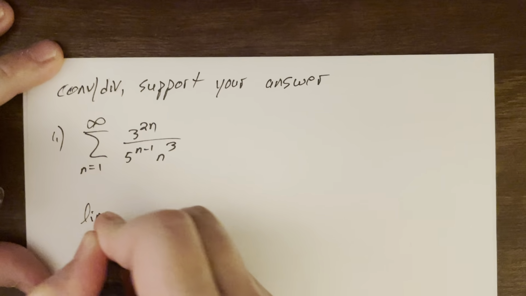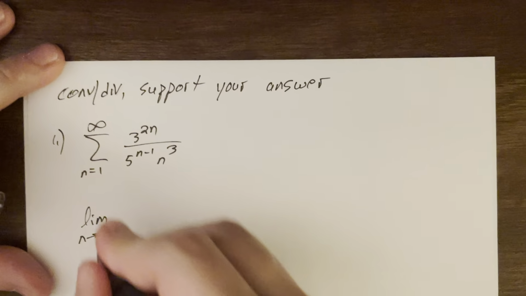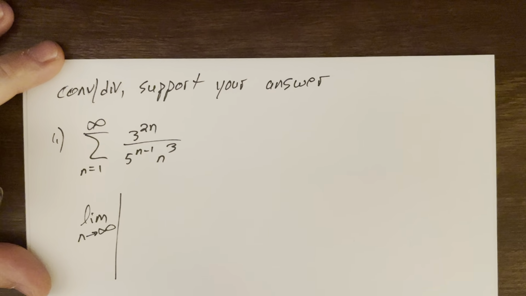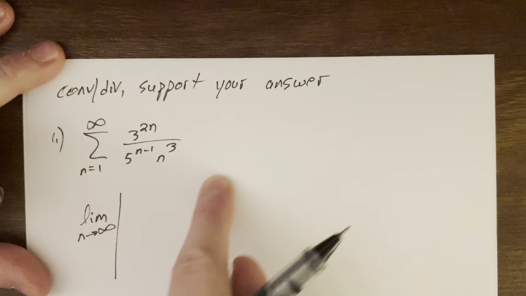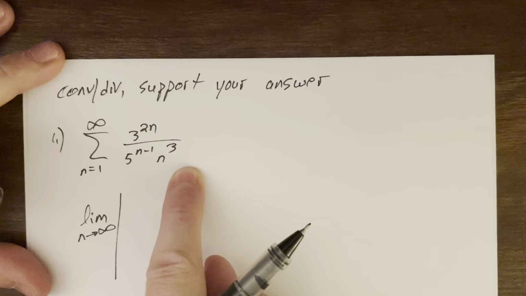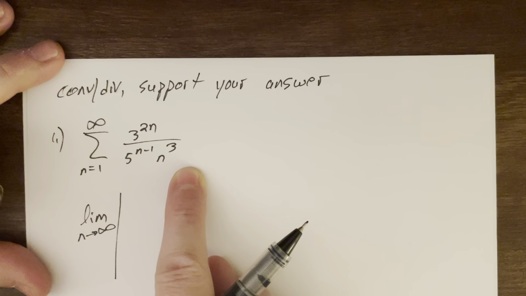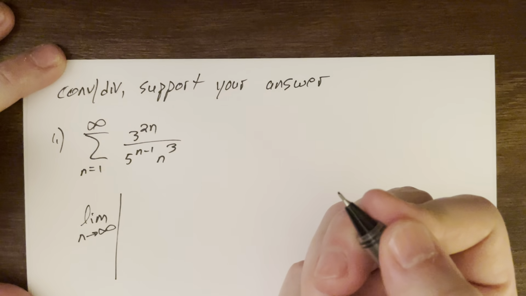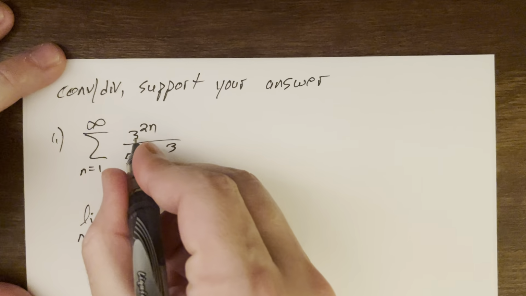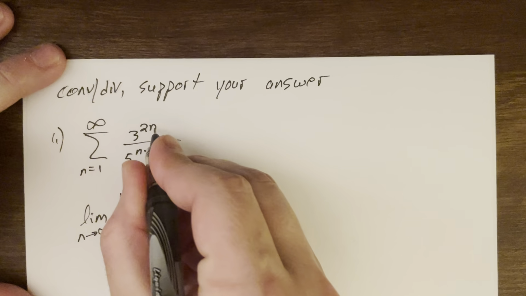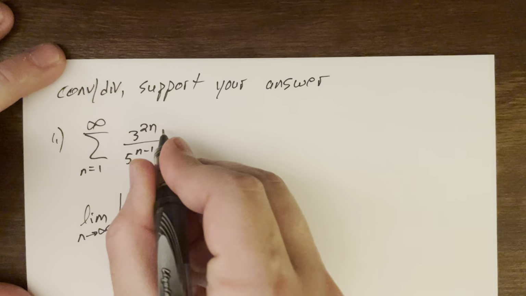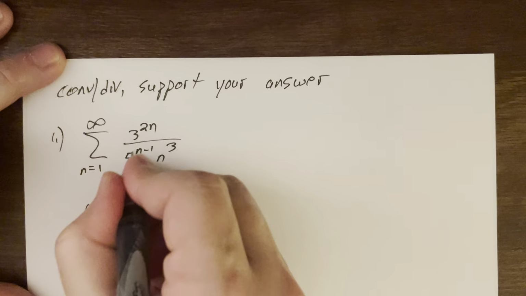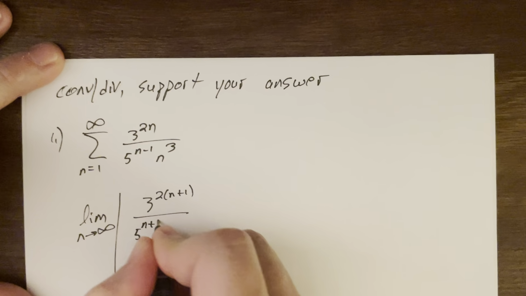But we're starting off the limit, n goes to infinity, absolute value. I start with the n plus first term. This is a sub n. So for the n plus first term, just like we did with our decreasing every time we had to check that, we replace n with n plus 1. Preserve all the other relationships. So this 3 to the 2 times n becomes 3 to the 2 times n plus 1, all in the exponent. 5n becomes n plus 1.